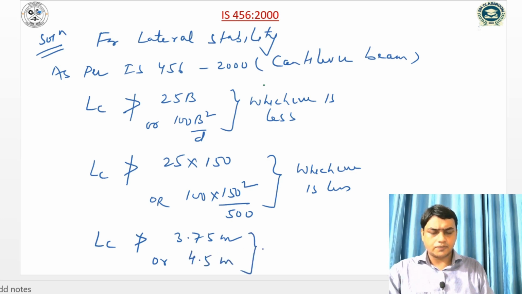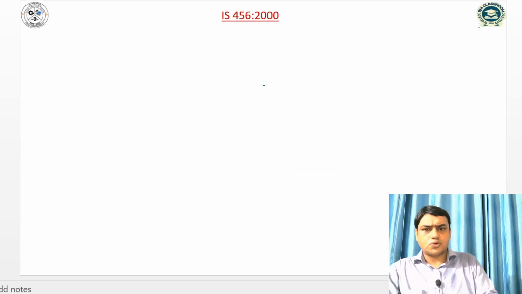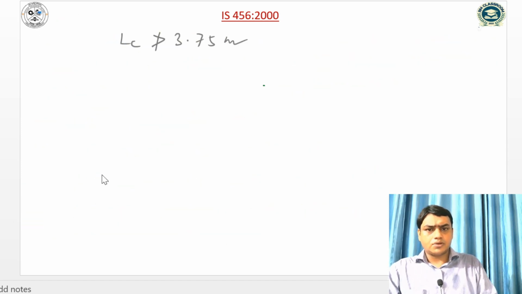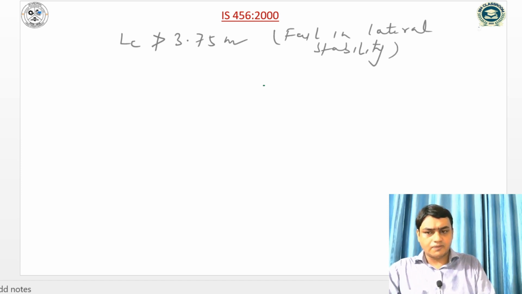Whichever is less, means LC should not be greater than 3.75 meter, but in the question the clear span is 4 meter. So it will fail. Here we can write fail in lateral stability, because according to IS 456, for the given condition, our clear span should not be greater than 3.75 meter, but here 4 meter is given, so it will fail in lateral stability.